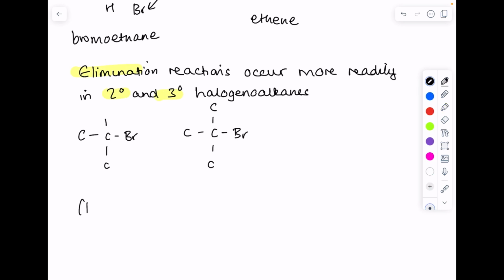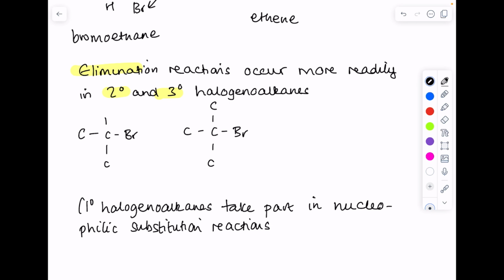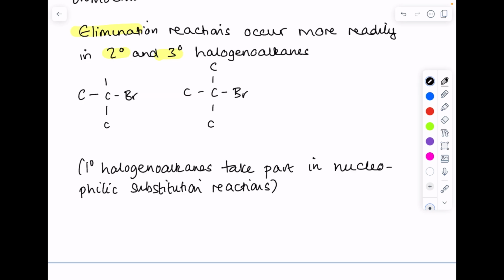If you have a primary halogenoalkane, it's more likely to partake in the nucleophilic substitution reactions we met earlier. Do be aware though that a mixture of isomeric products is sometimes possible in an elimination reaction.